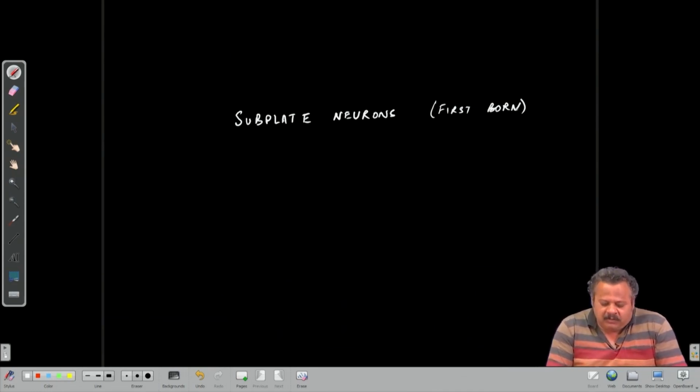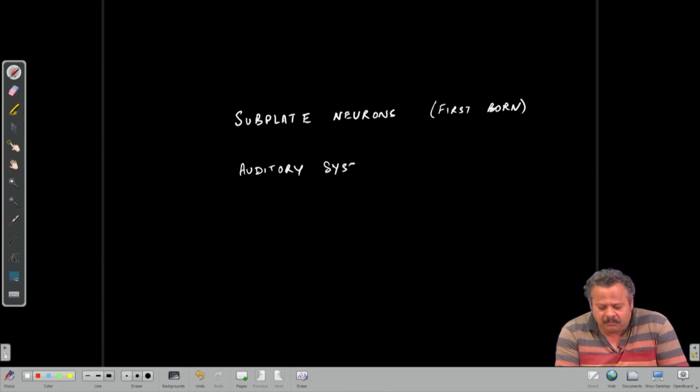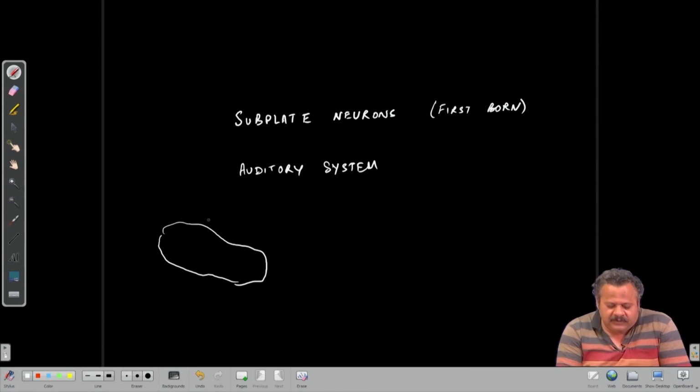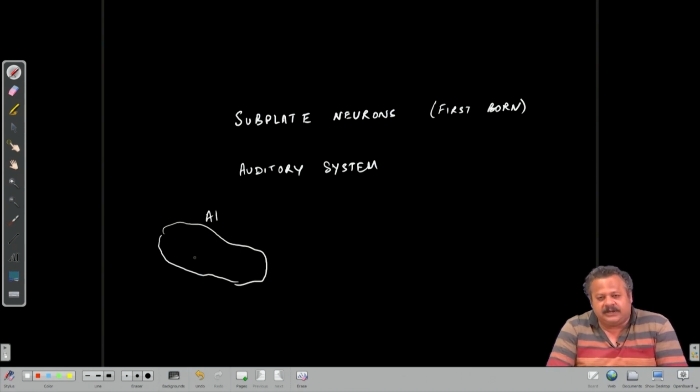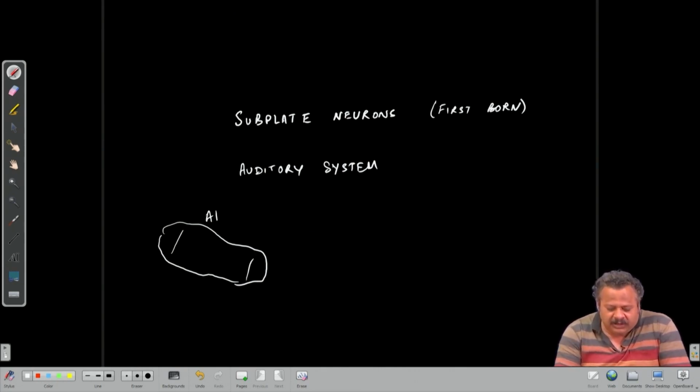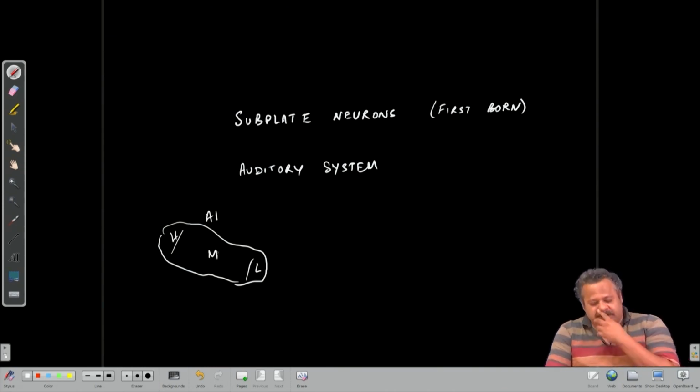So in one of our work, we show that in the auditory system, from earlier work, what you already know is that during critical period, if this is the primary auditory cortex surface in the cortical regions, let us say this is A1, we know that it is arranged tonotopically from low frequencies to high frequencies with medium frequencies in between. So there is a gradual gradation.